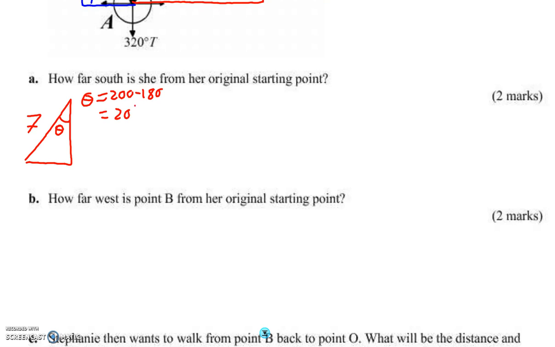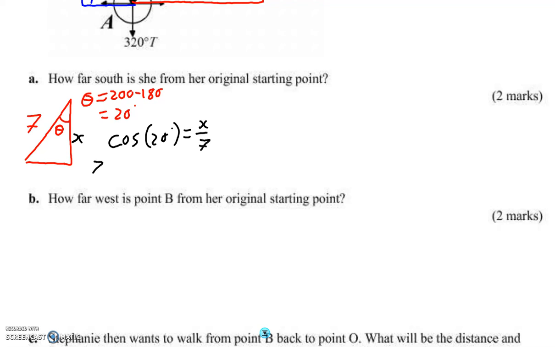Now I remind you that we're looking for x, which is here. So we are going to be using cosine of 20 degrees. And that'll give us x over 7.